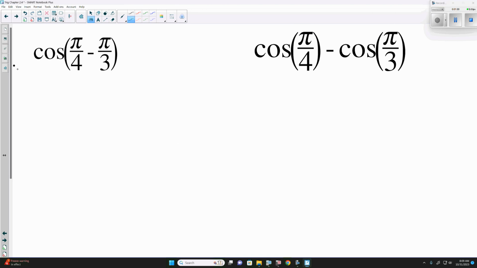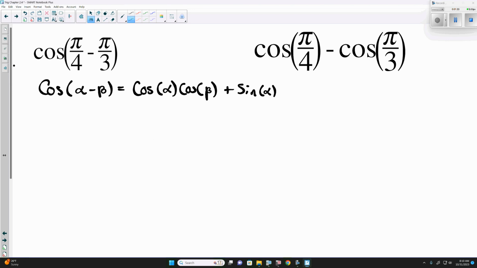Because what we're looking at is the sum and difference formulas. Here we're looking at the difference of pi over 4 and pi over 3. So we have cosine of pi over 4 minus pi over 3. If we look at the difference formula, cosine of alpha minus beta is equal to cosine of alpha cosine of beta plus sine of alpha sine of beta.